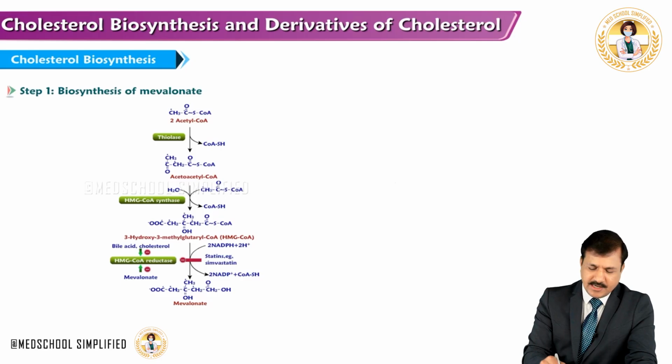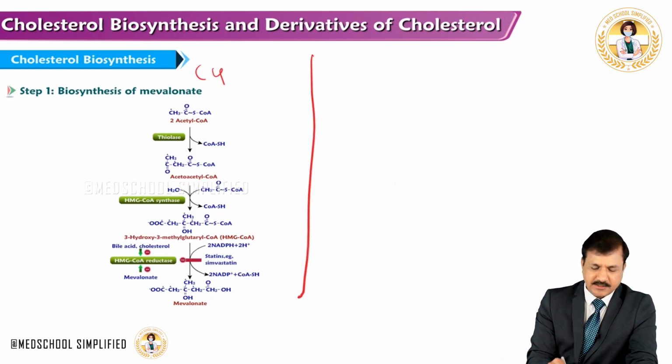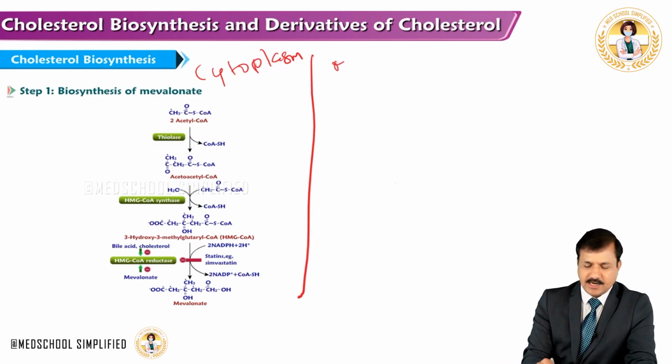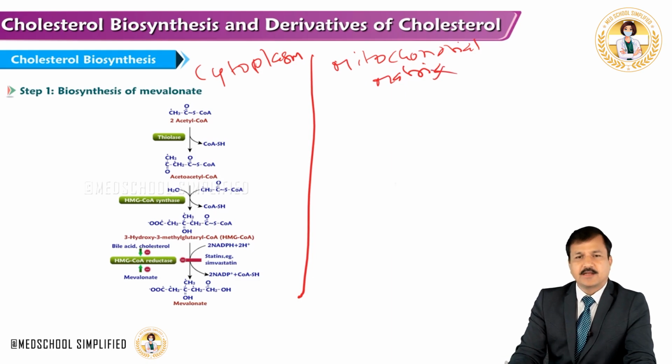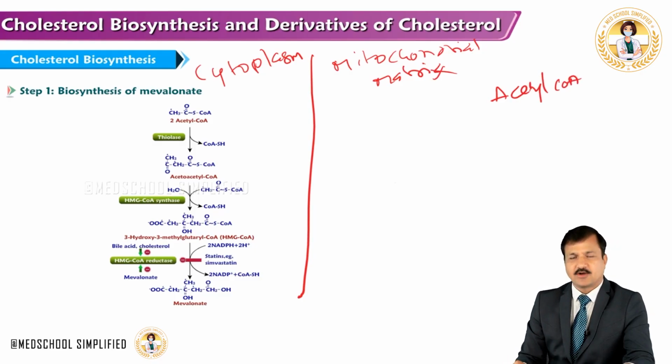So there is a kind of barrier there. On the left side I am writing cytoplasm here. This is a cytoplasmic compartment where the cholesterol biosynthesis is going on. On the right side is the mitochondrial matrix, and this is where we have acetyl-CoA.